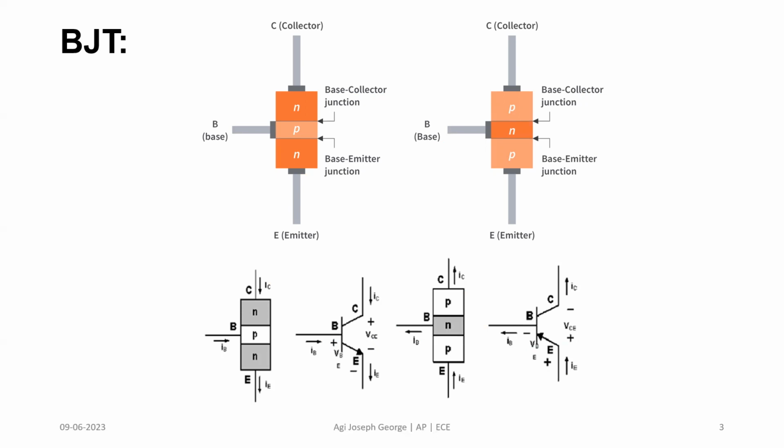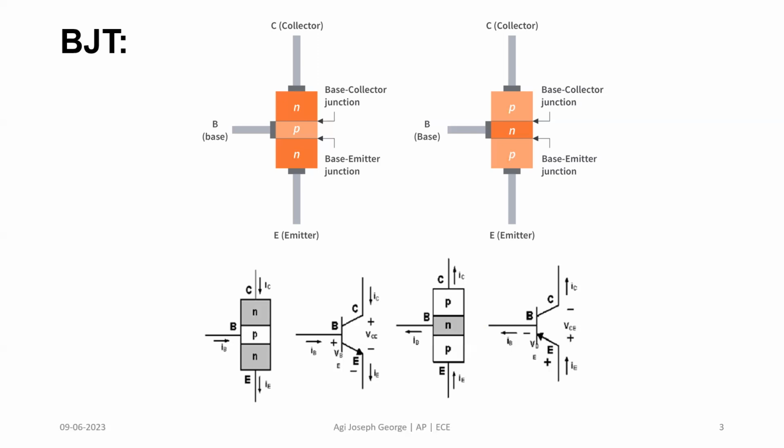Electrons are negative, so they move toward the positive region. So in an NPN type, where the majority charge carriers are electrons, the conventional flow and the actual flow of electrons will be in opposite directions.